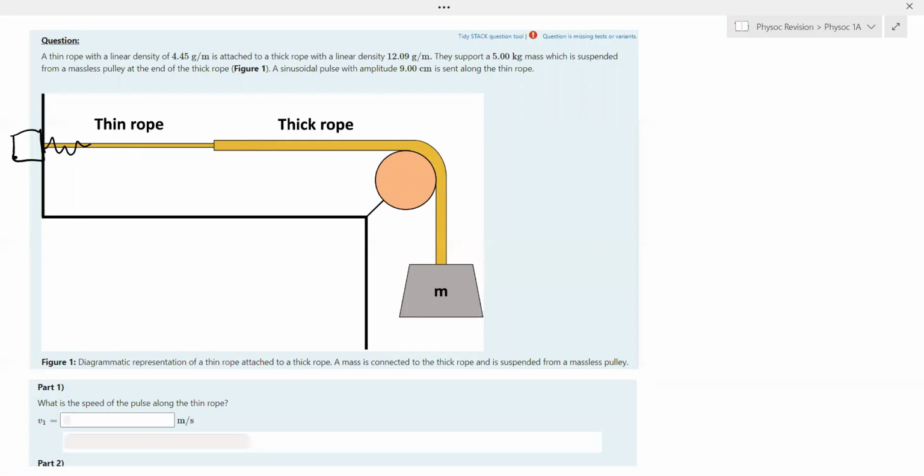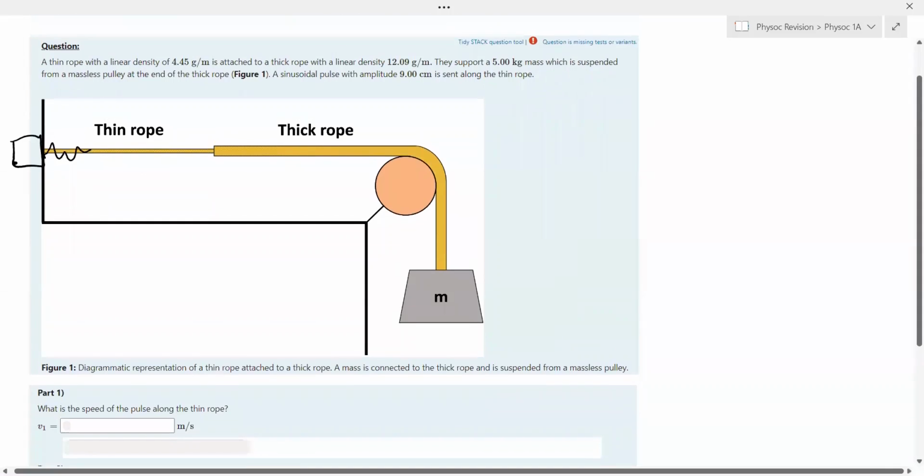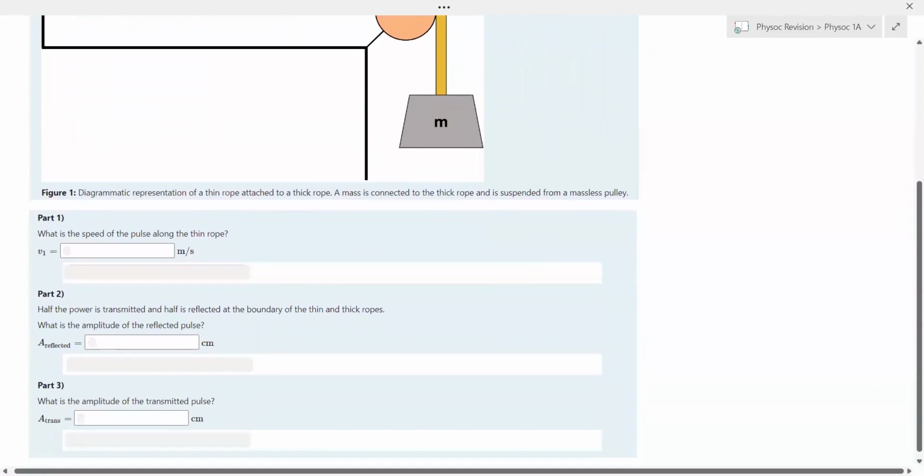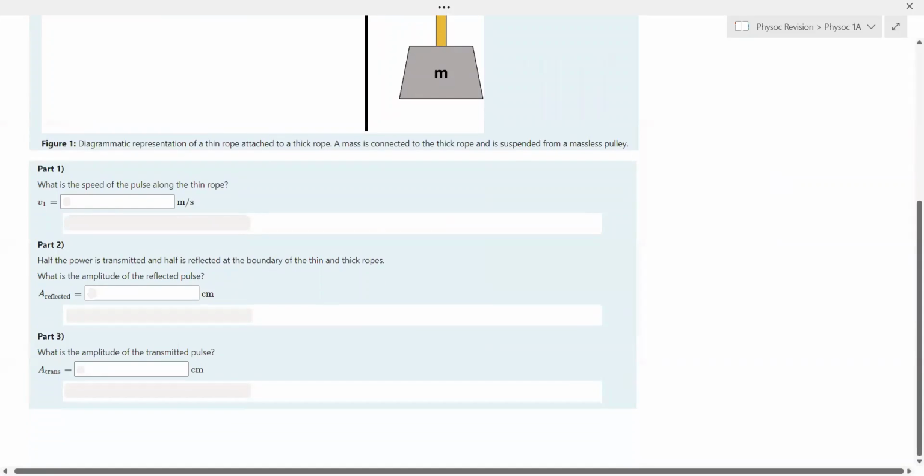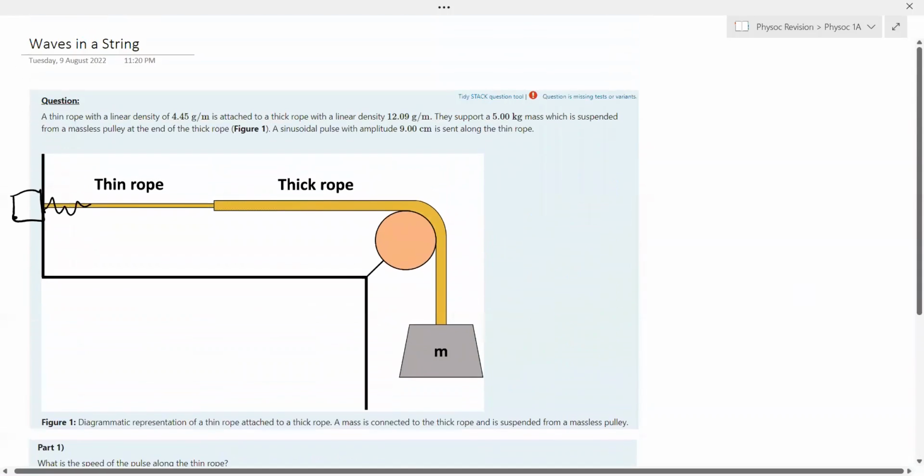Yeah, that's pretty much the gist of that. So we want to figure out part 1, what is the speed of the pulse in the thin rope? Then part 2, we have how the power is going to be transmitted when it's reflected, and then also considering the amplitude when it's transmitted.